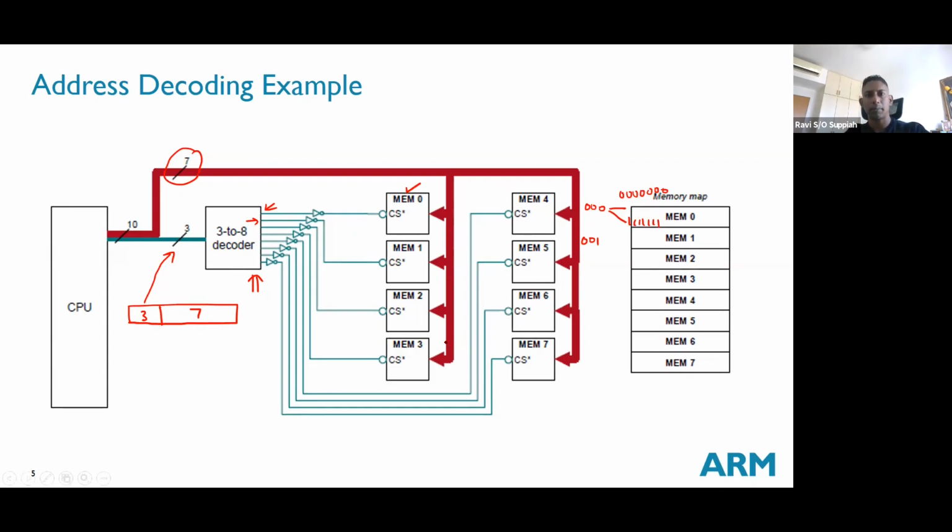Only that particular memory chip that is mapped to that address will be activated. So that is basically how you look at it. In this example, we can solve this quite easily using this simple 3 to 8 decoder chip.